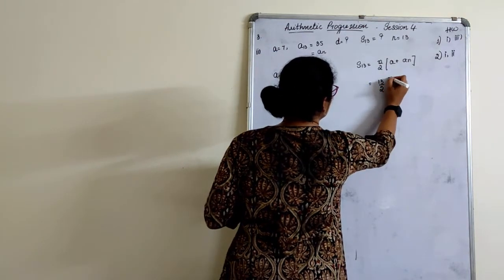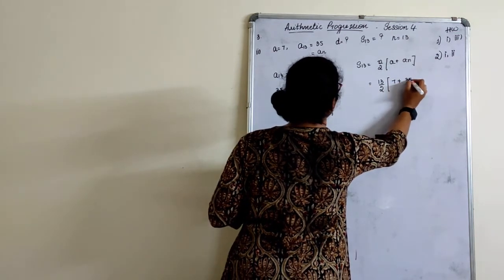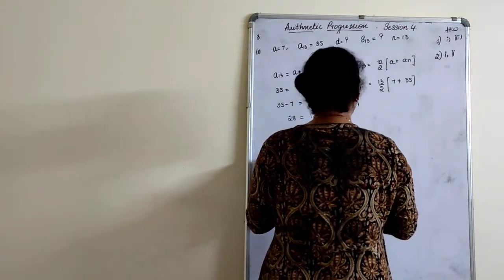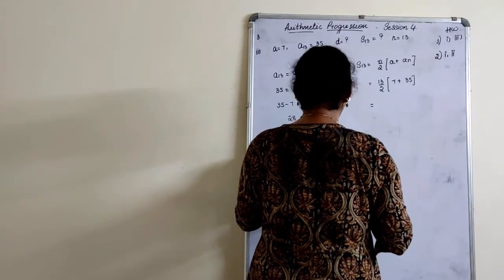13 by 2. What is your A? 7. What is your An? 35. So, now 13 by 2, we'll keep this as it is here.